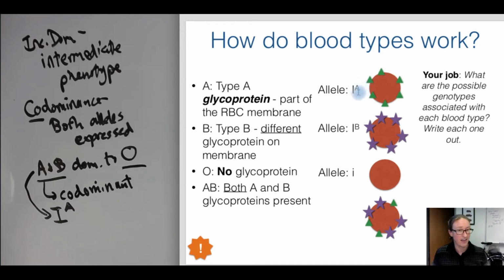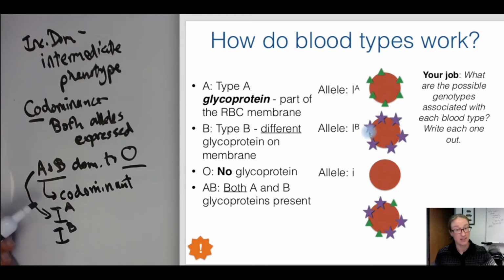So if you have an I^A allele, you will express this and it will show up on the surface of your red blood cells. Similarly, if you are type B, and that gets represented as I with a superscript B, then you have a different type of glycoprotein that appears on your red blood cell membranes.